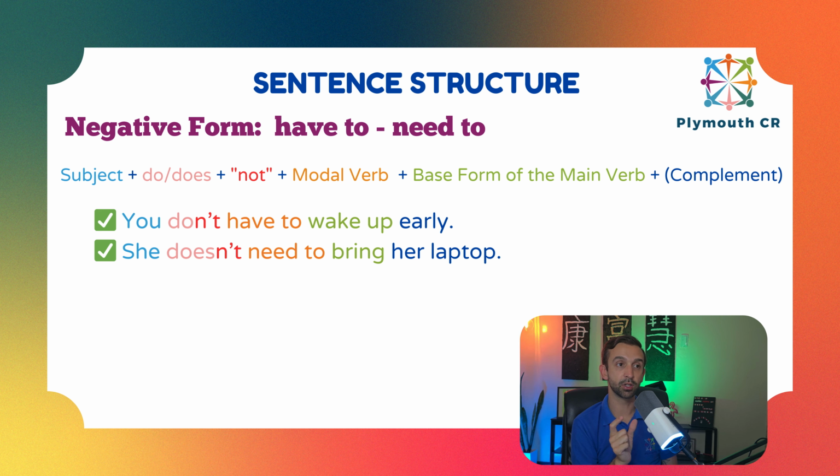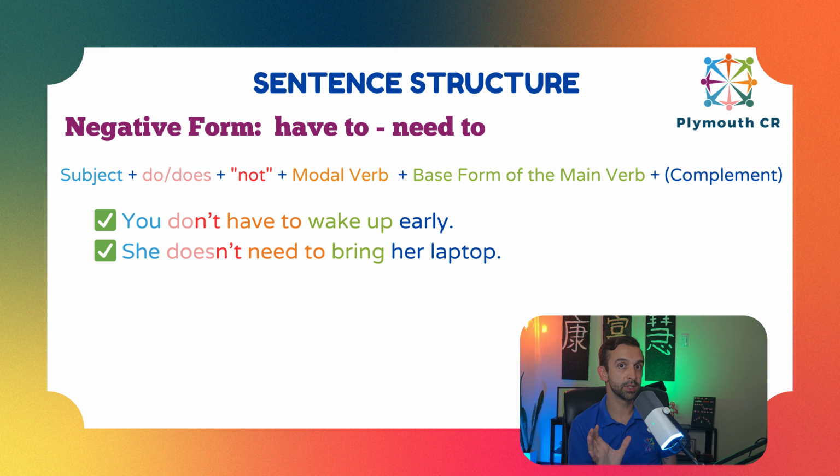Then we have the particle not, then the modal verb, referring to have to and need to, exactly like that, and then the base form of the verb. So in the first example, you do not or you don't have to wake up early. She doesn't or does not, which is the same, need to bring her laptop, okay?